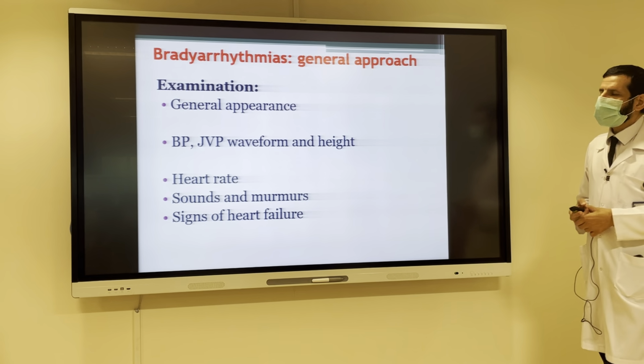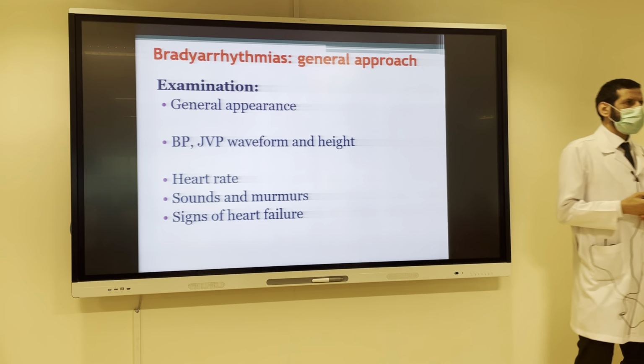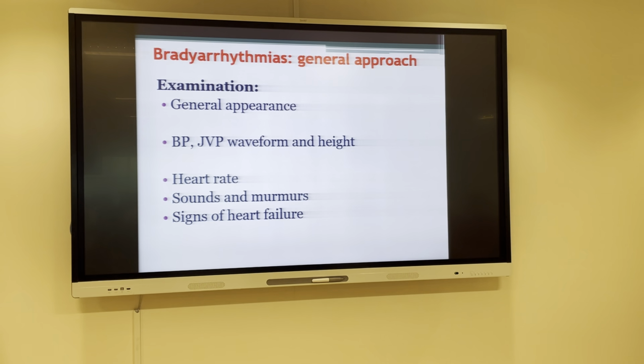What investigations do you need to do for a patient with bradycardia? ECG, number one, excellent. Electrolytes, because significant electrolyte issues can cause bradycardia: hyperkalemia, hypokalemia, hyper or hypocalcemia.